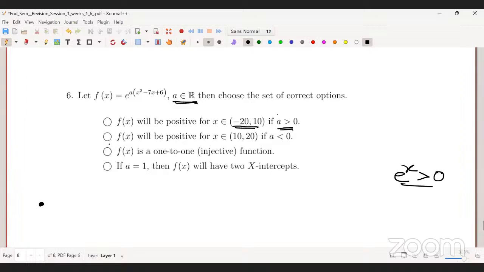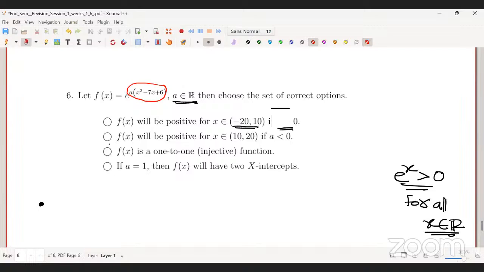So e power x is always greater than 0, right? For all x in R. So then it doesn't matter what is actually x and what is a. It doesn't matter what the value of x is, as well as what the value of a is.